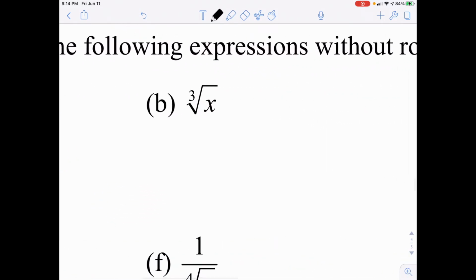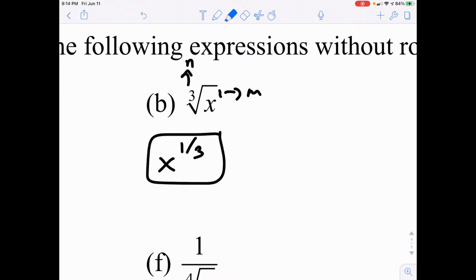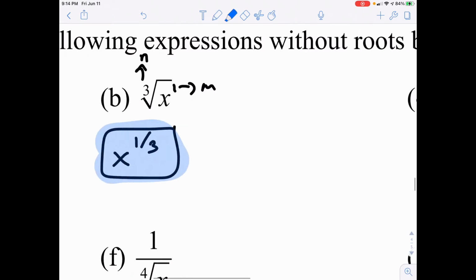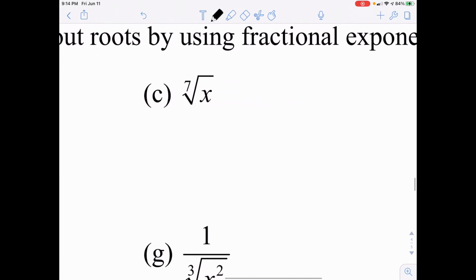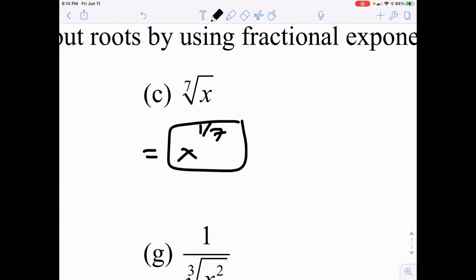Letter B, same thing. 3 is the root, 1 is the power. This is x to the 1/3 power. Part C is x to the 1/7 power. 1 is the power, 7 is the root.